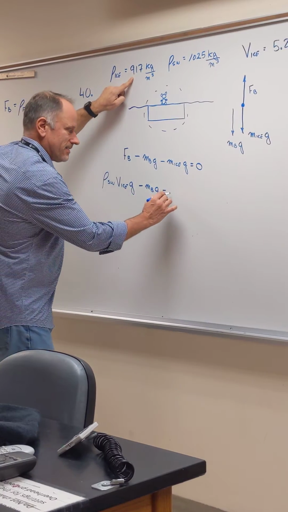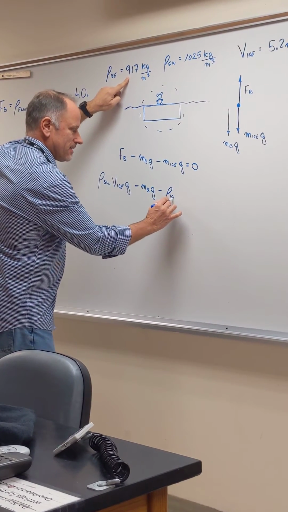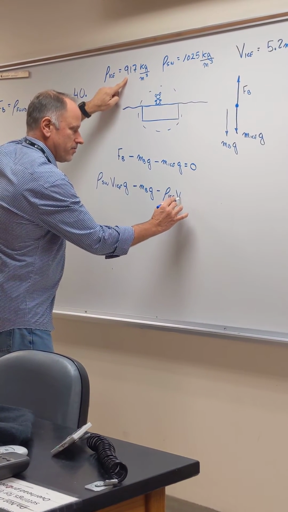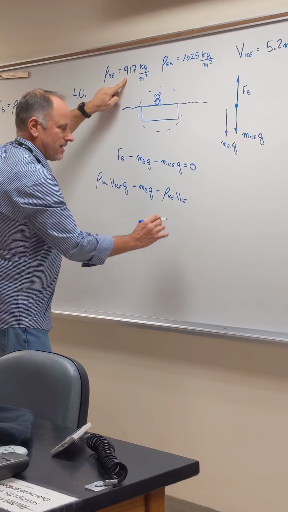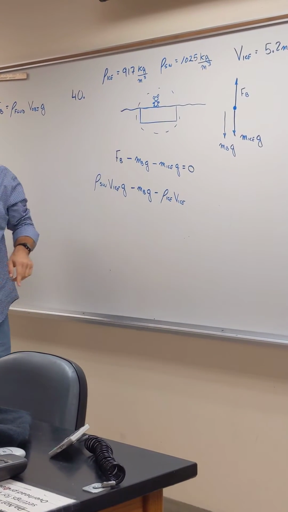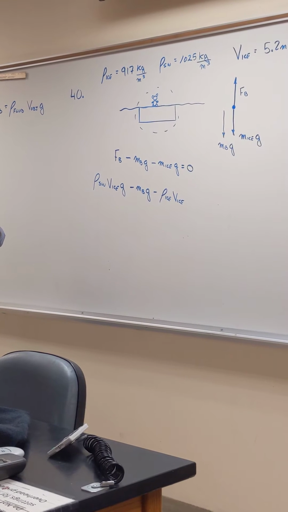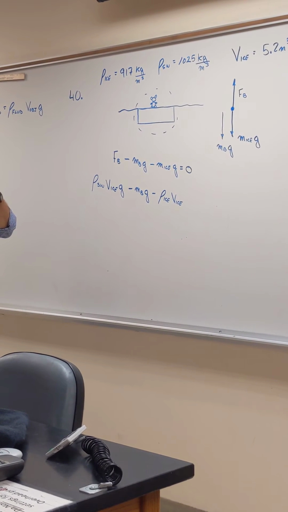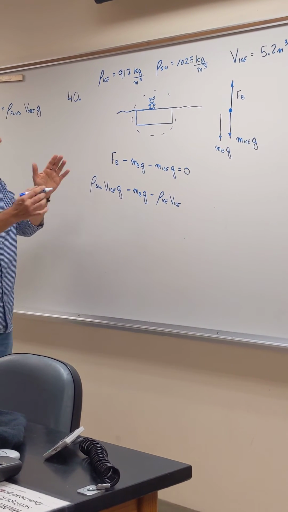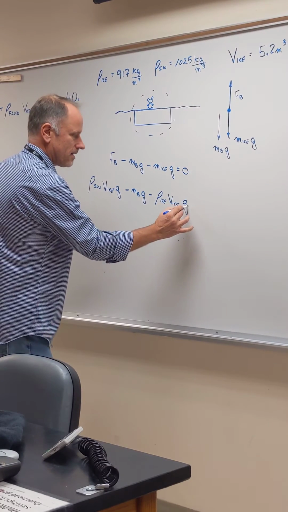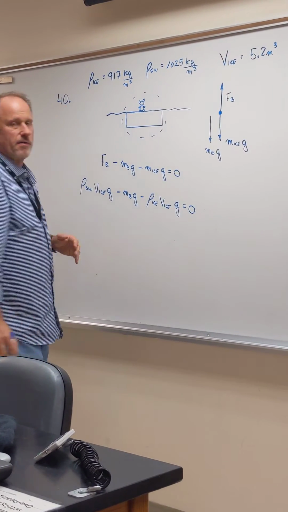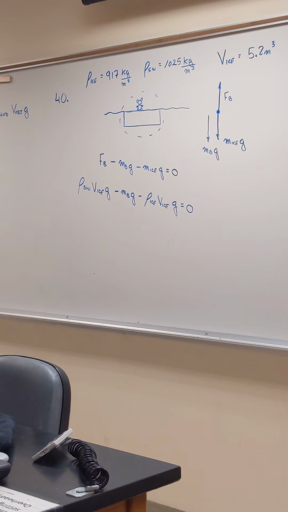So if I take density of ice times the volume of the ice, that gives me the mass of the ice. This is why I want to do this problem, because it shows you a lot of technique. Times g equals 0. You guys tracking?